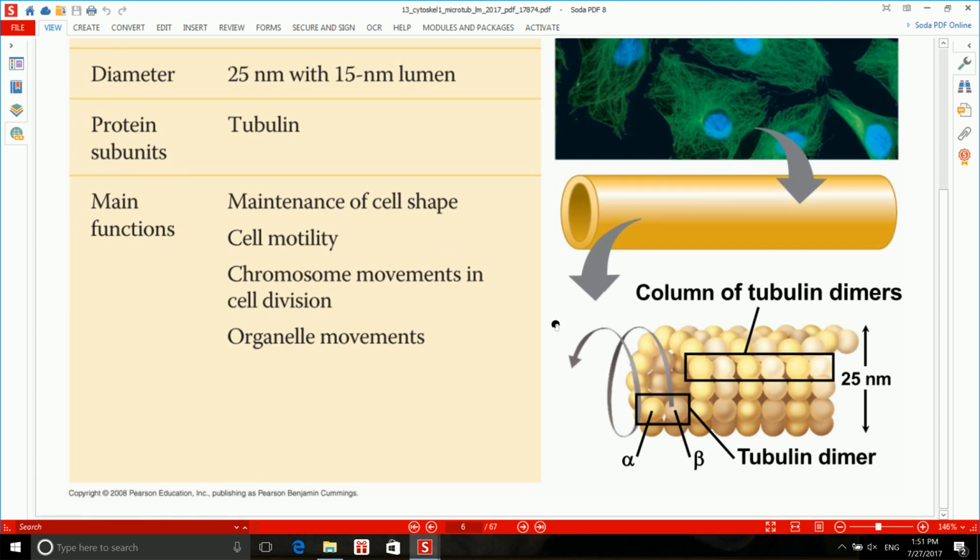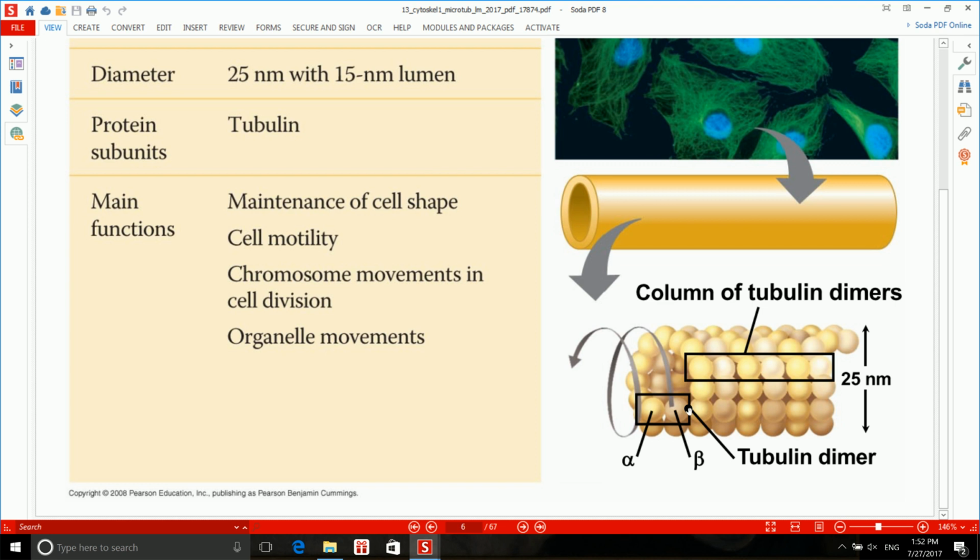One other thing about the tubulins is, what makes these tubulin subunits different? What is the difference between alpha and beta tubulin? That is due to the presence of GTP or GDP. So alpha tubulins have GTP bound in them, whereas beta tubulins have GDPs bound in them.